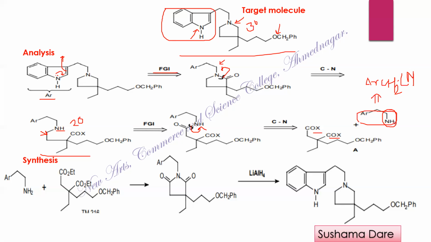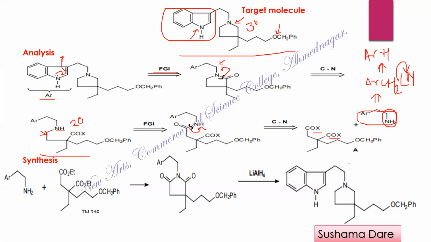Next step, we have to disconnect this in the direction of cyano, so it gives ArCH2Cl. And what is the next retro of ArCH2Cl? It is simply ArH plus formaldehyde in the presence of HCl. That retro you have to complete.